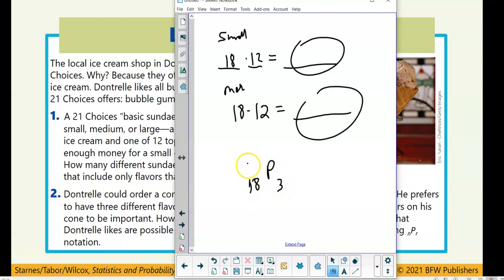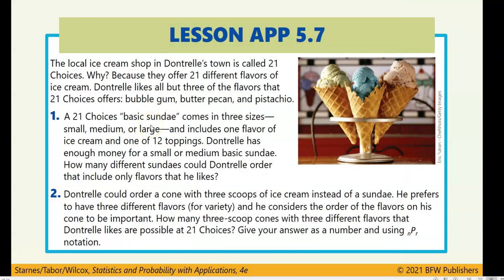So 18P3 should be all the options he has for the ice cream, right? Which I don't think they're doing toppings. It's just 3 scoops of ice cream, right? So assuming that he doesn't want any of the flavors he doesn't like, which I don't know why he would want those. And then you would type that in your calculator to get the number answer. That's your lesson for today.